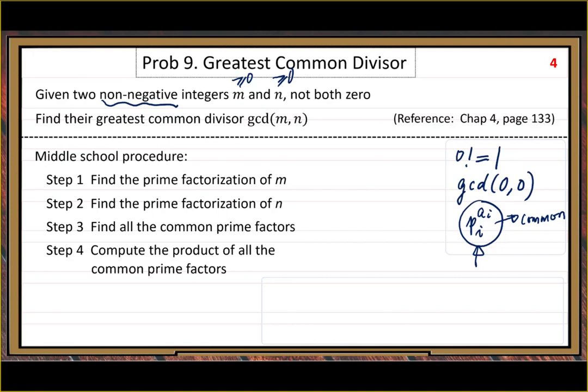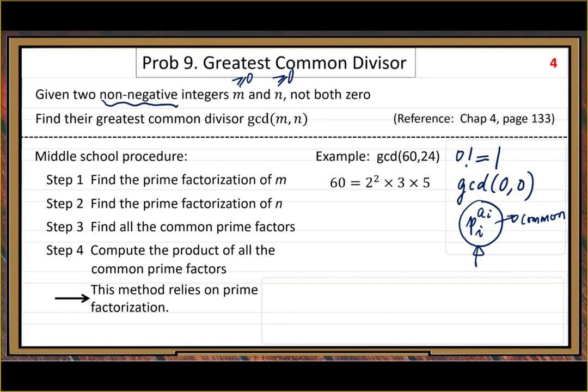These steps are quite abstract, so let me use two concrete numbers to show you. Example, GCD of 60 and 24. First, let us do prime factorization on 60 to get the standard form. Here, you can see, when I write the prime factorization, I use some standard form.